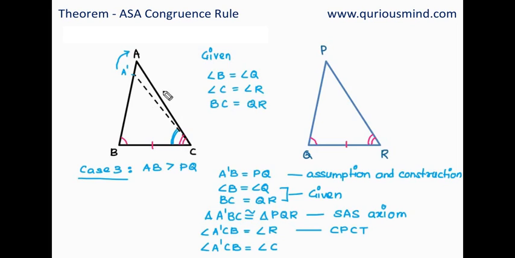But that is a given, so it has to be possible, and that clearly means our point A dash is coinciding with point A, which gives us that if we have two angles and an included side equal to the two angles and included side of the second triangle, then those triangles are congruent. And that's our theorem about the ASA congruence rule.